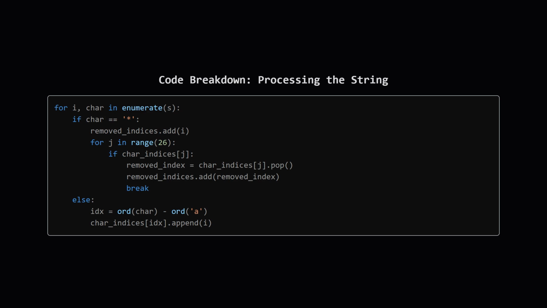If the character is a star, first we add the star's own position to our set of removed indices. Then, we look for the character to delete. We loop from A to Z by checking our stacks from index 0 to 25. The first stack we find that's not empty is our target. We pop its top position, and add that position to our removed set. Then we stop looking, since one star only removes one character.